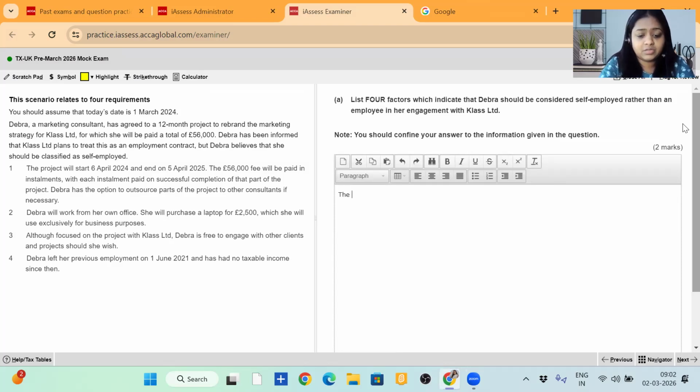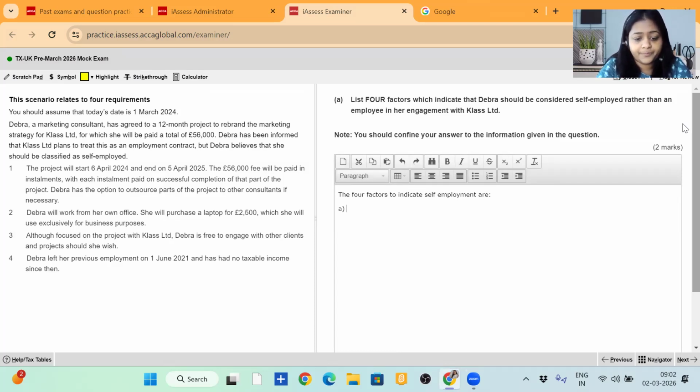So I can write down here the four factors to indicate self-employment. First one is given to me: she can take up the outsourcing.